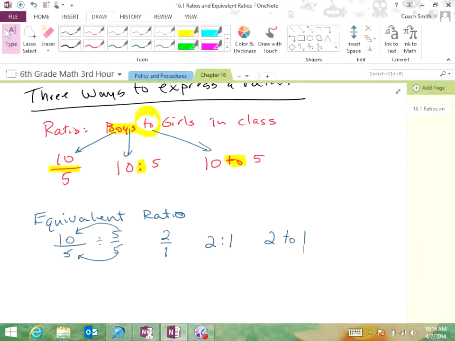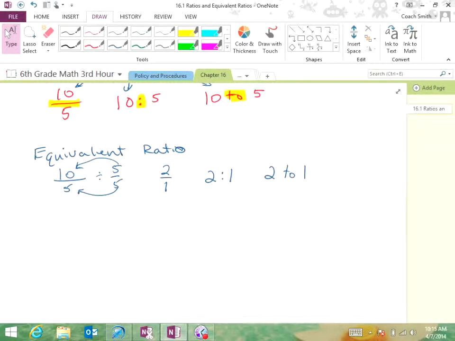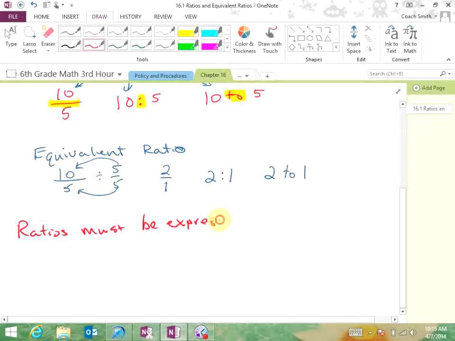Now, ratios must be expressed with 2 numbers.